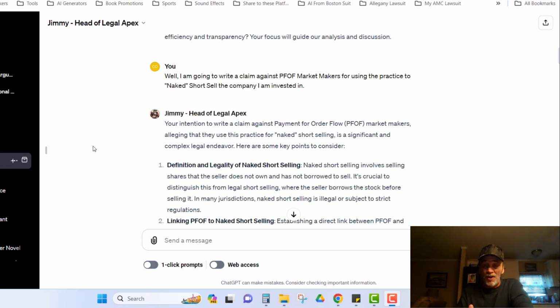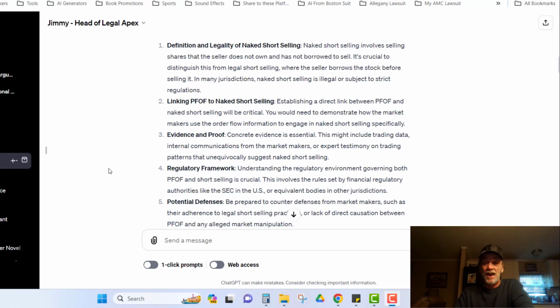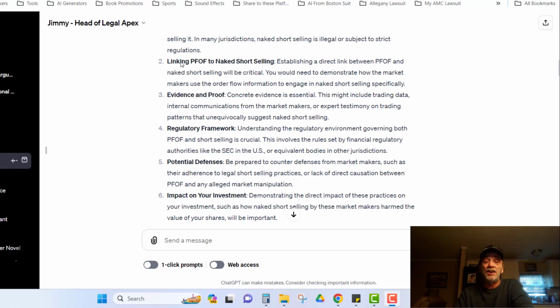Your intention to write a claim against payment for order flow market makers, alleging that they use the practice for naked short selling, is a significant and complex legal endeavor. Here are some key points to consider. And then it tells me what the definition of naked short selling is and how I can link it to the use of payment for order flow to naked short selling.